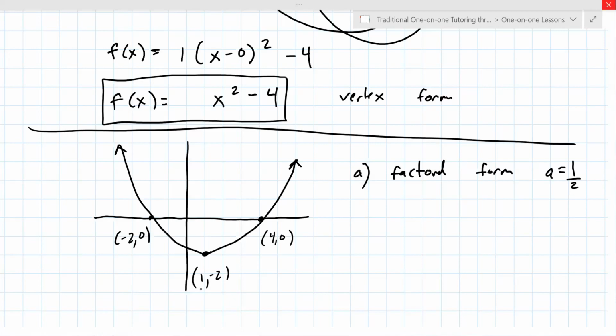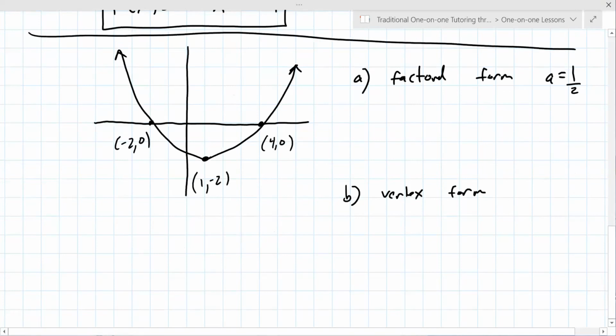A equals 1/2. Okay. I guess I'll do vertex first. So I'll write that down here, vertex form. It's f of x equals a times (x minus h) squared plus k. Good.